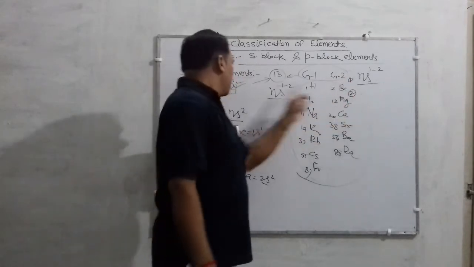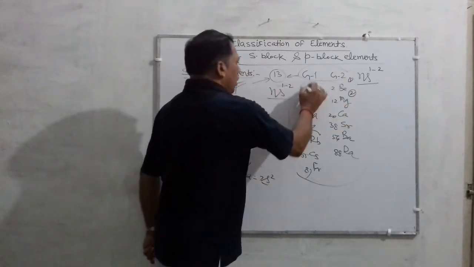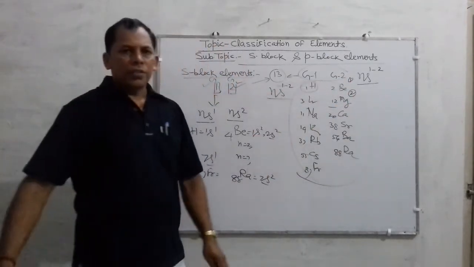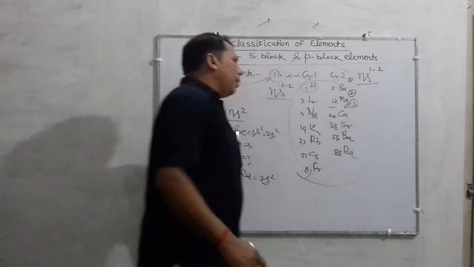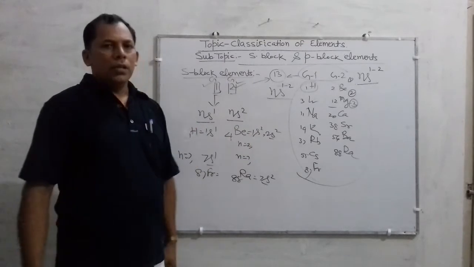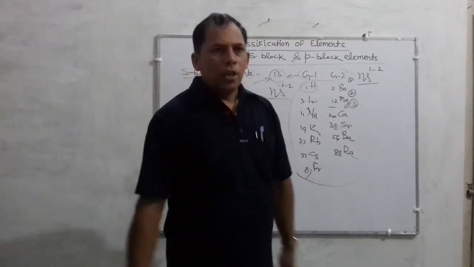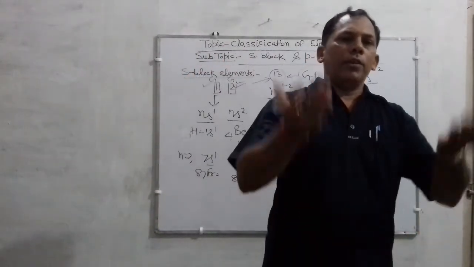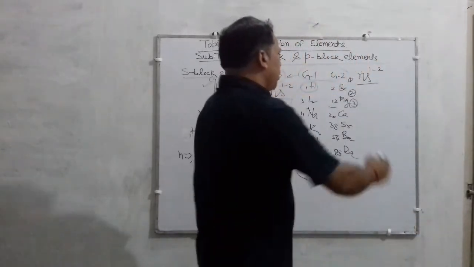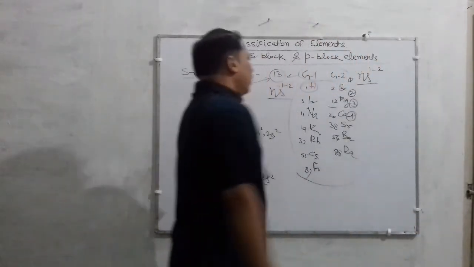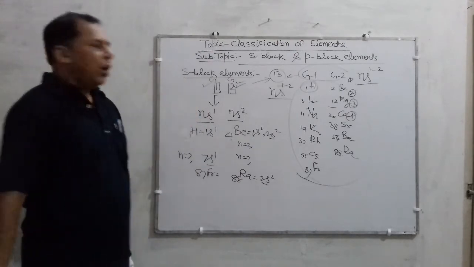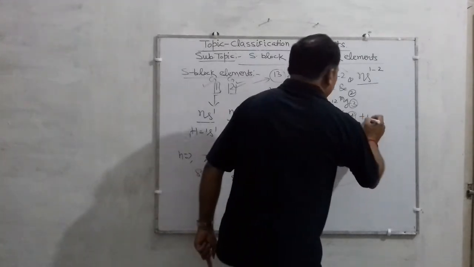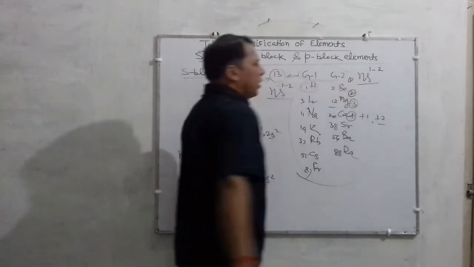You must remember, except hydrogen, the rest are all soft metals. Next property, the elements present in the S block generally possess low melting point as well as low boiling point. Next property, the valency or oxidation state of these elements is +1 and +2 respectively.